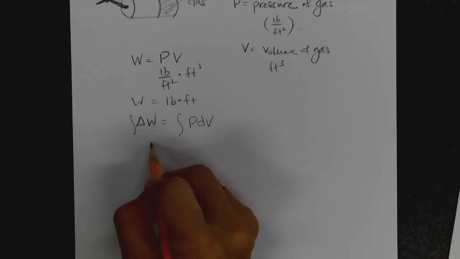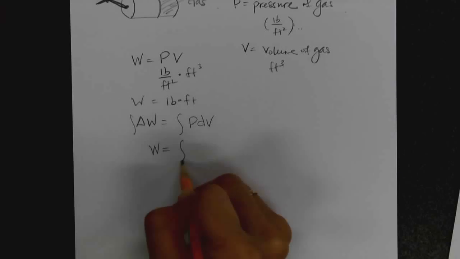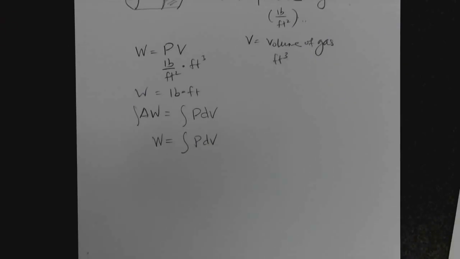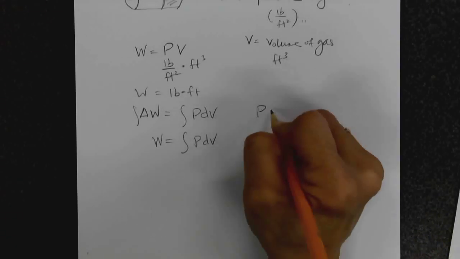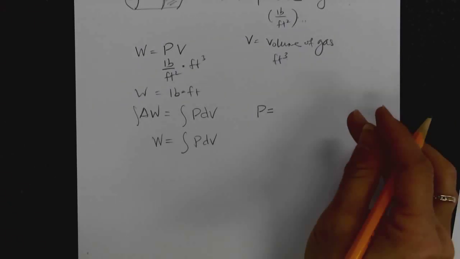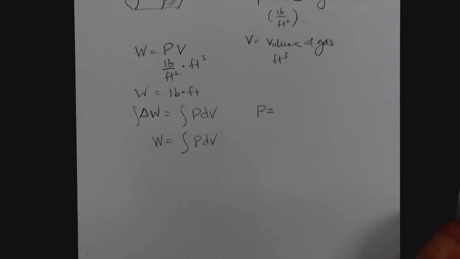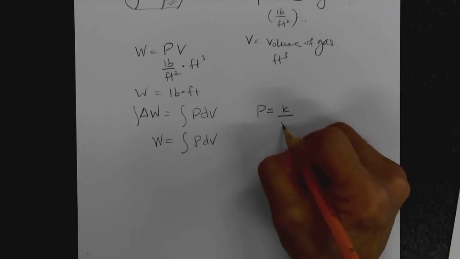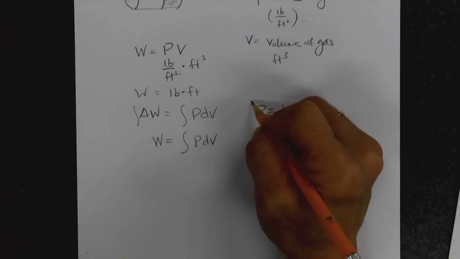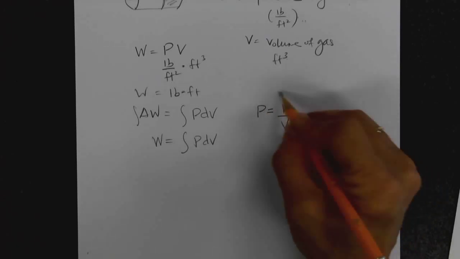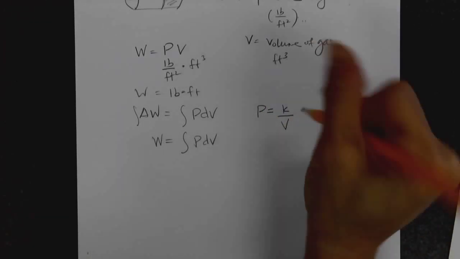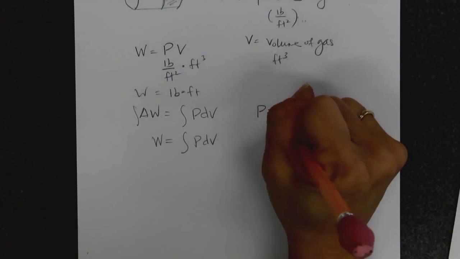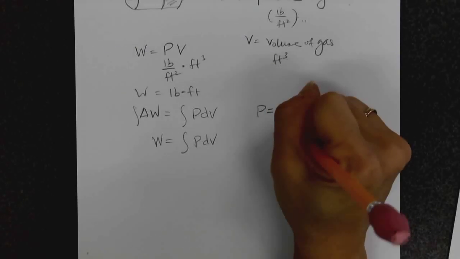So then if I integrate this, I get work equals pressure and part of the volume, because volume is what we're trying to change. And pressure is inversely proportional to the volume. That's what P equals. So everybody understand what this means? As the volume increases, what happens to my pressure?